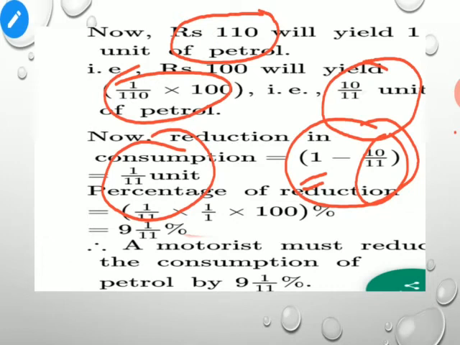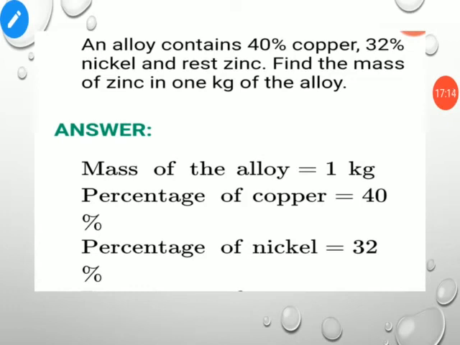So he reduced his consumption by 1 upon 11 unit. Now you have to calculate its percentage. 1 upon 11 multiplied by 100 will give you 9 1 by 11%. So he has to reduce his consumption of petrol by 9 1 upon 11%.